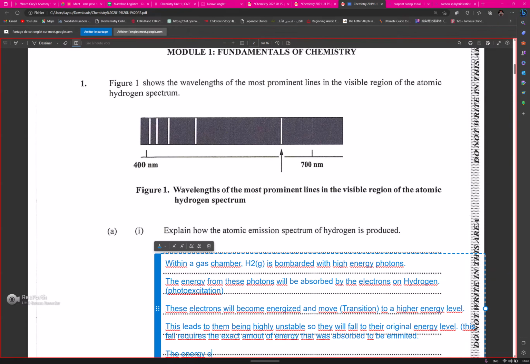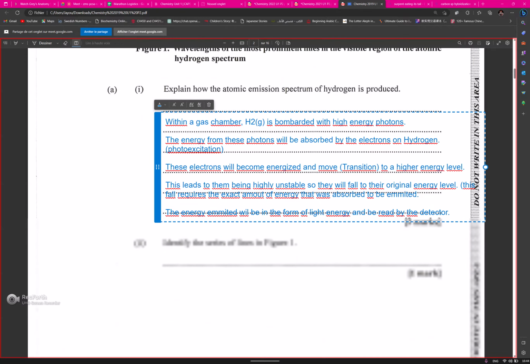The energy emitted will be in the form of light energy and be read by the detector, basically.